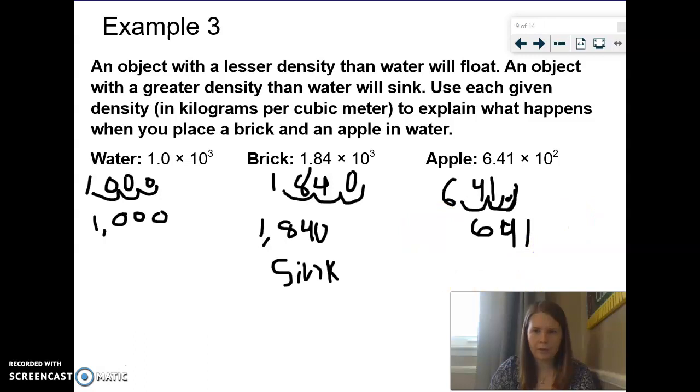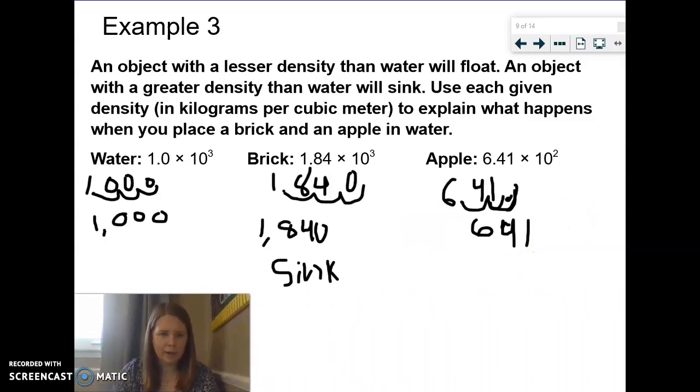Again, bear with me on my writing here, not pretty. I'm working on getting a little writing pad for my computer. Hopefully it'll come any day now, so the next videos will look a little cleaner. So this is 641. If we compare it with water, 641 is smaller, so that means that it has a lesser density, and my apple will then float.